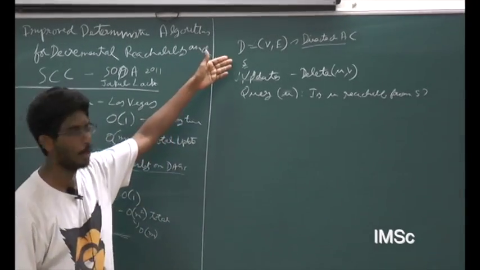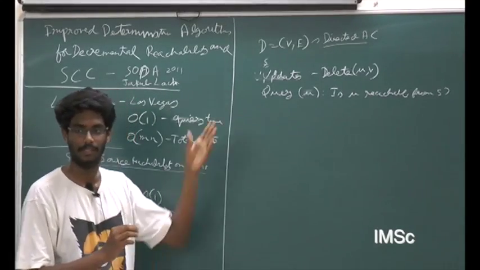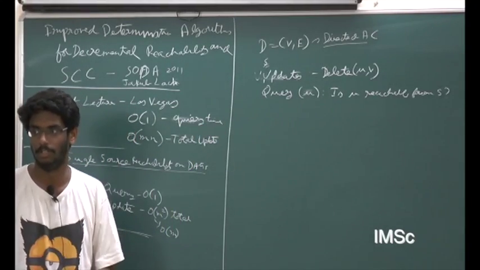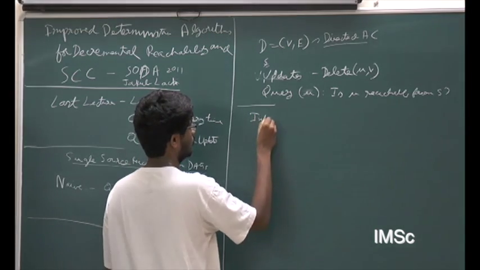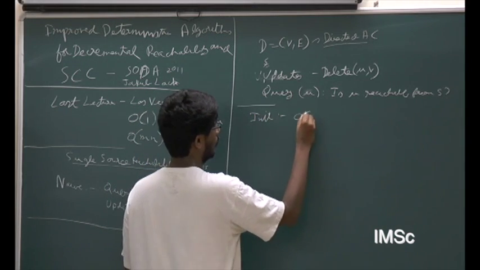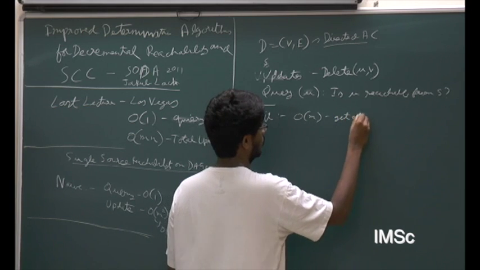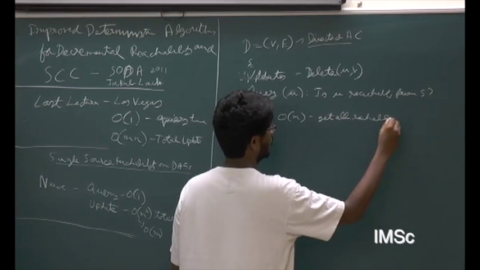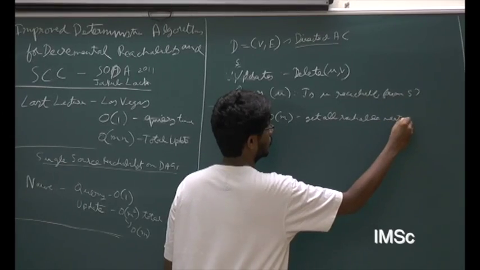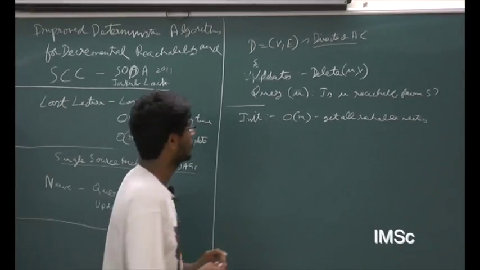So we'll just do an order M DFS from S and get all the initially reachable vertices, and throw away the remaining vertices.